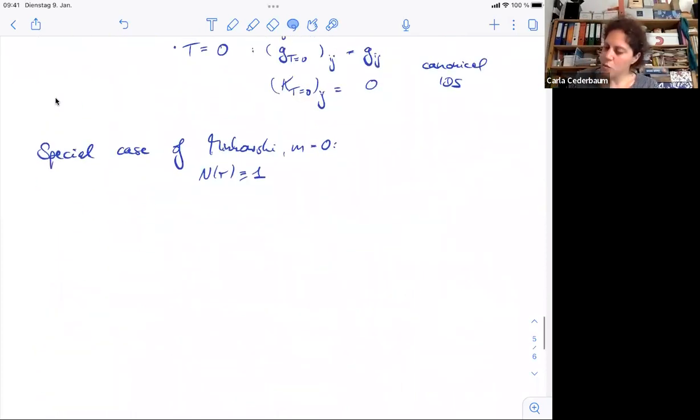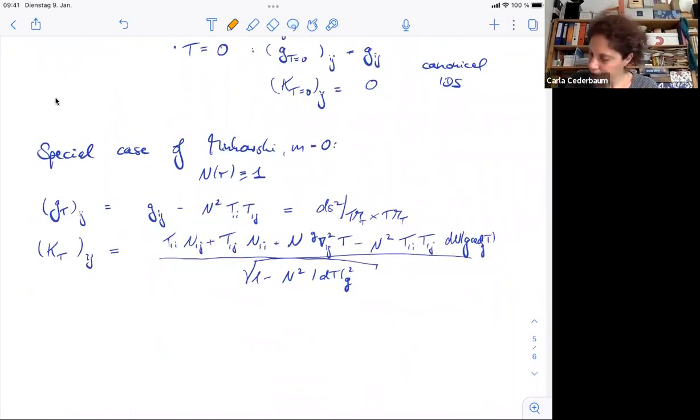So now if n is 1, this will just be B_ij minus B_ij. Nothing that informs us very much about anything. But if n is 1, this term will vanish and this term will vanish. And so will this term, because it takes derivatives of n. And what we will remain with is the Hessian of t with respect to the metric g divided by the square root of 1 minus |dt|_g squared.